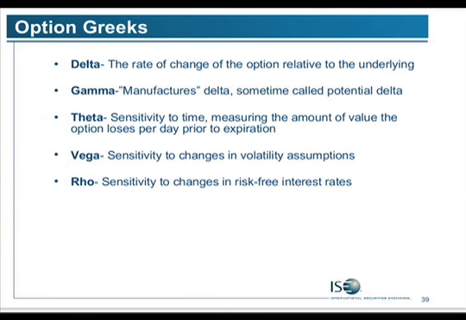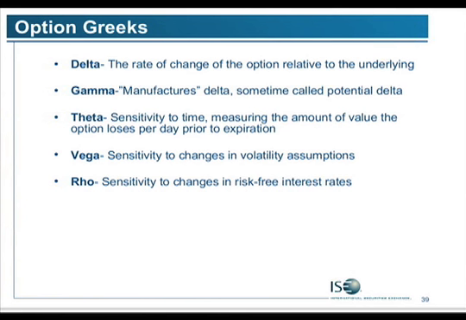The option Greeks, and I'd urge you all to come back on February 18th for the option Greeks class coming up very soon, talking about delta, gamma, theta, vega, and rho. When I'm talking about these Greeks, I'm talking about quantifying risk, quantifying changes in the underlying rate and how much the option will move, delta.